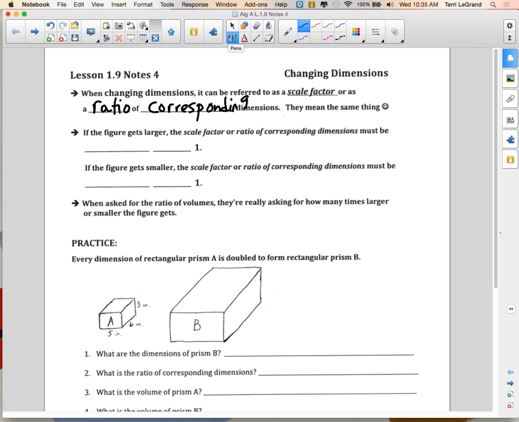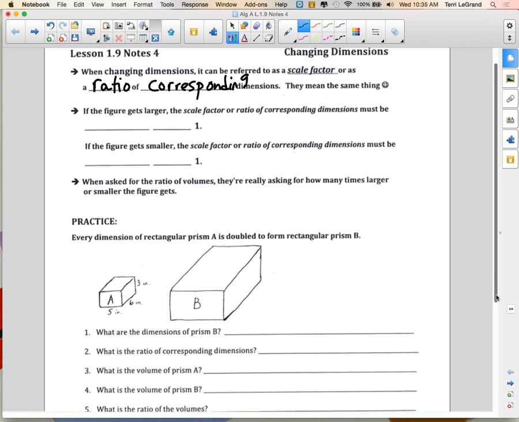Another thing in here, I use the word dimensions, so sometimes they might call it ratio of corresponding dimensions, okay? So we got to know that if we set up a ratio of dimensions that correspond between two figures, when we set that ratio up and simplify it, we will have our scale factor. That should tell us what the scale factor is.